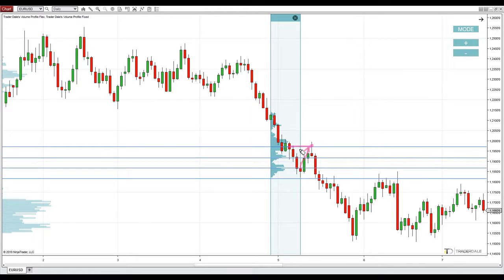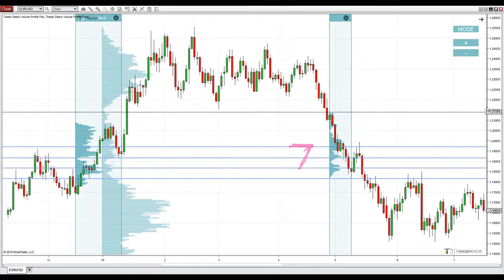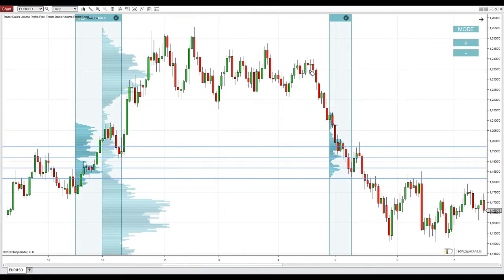All right, so that would be the volume-based take profit in this case. Very nice reaction to a pretty old level. And as you can see, even though there was a really strong selling activity on the euro, the price reacted to this swing level. There was basically the only pullback in this selling activity. It was a pretty cool trade.